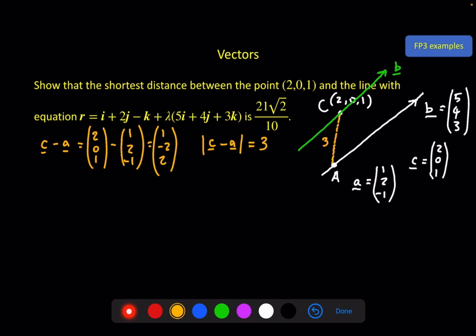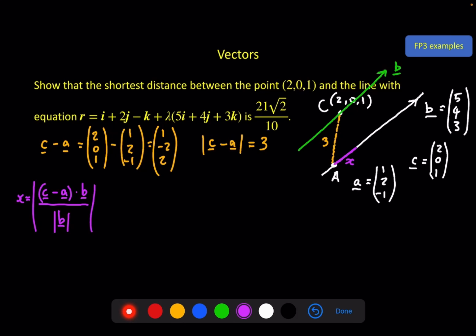Now I need to project that in this direction here, the direction of the line, i.e. B, and to do that I apply my projection idea in the direction of B. Let me call this X again, and I'm going to put the magnitude around there just in case it comes out as a negative.